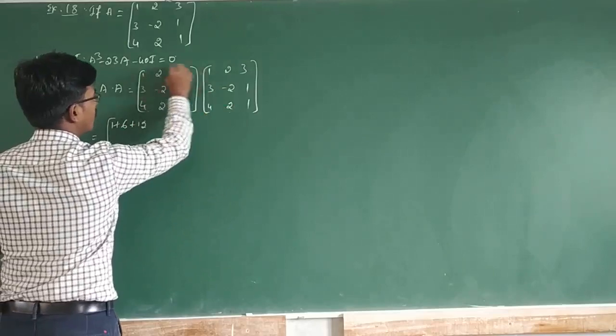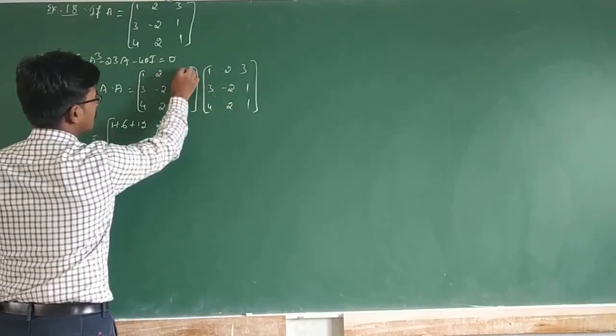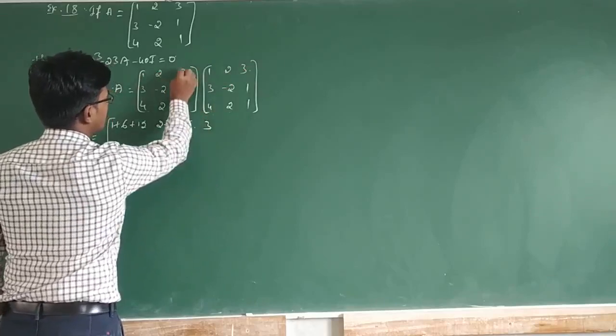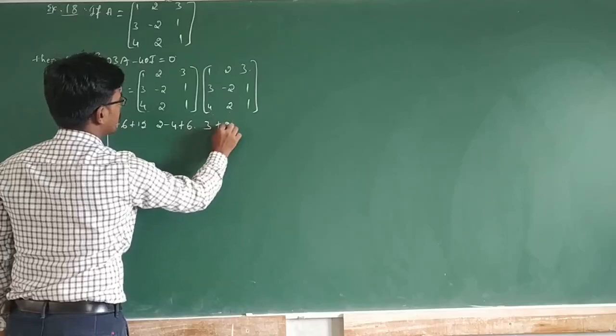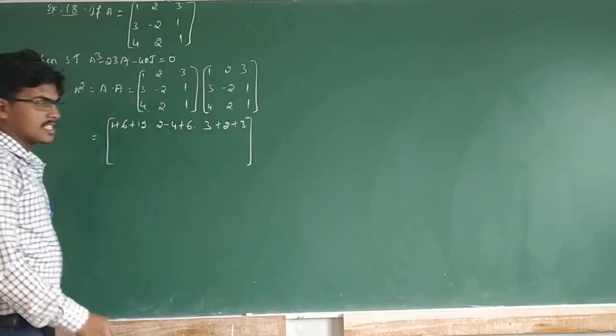Second column: 1 into 2 is 2, 2 into minus 2 is minus 4, 3 into 2 is 6. Next 1 into 3 is 3, 2 into 1 is 2, 3 into 1 is 3, first row completed.